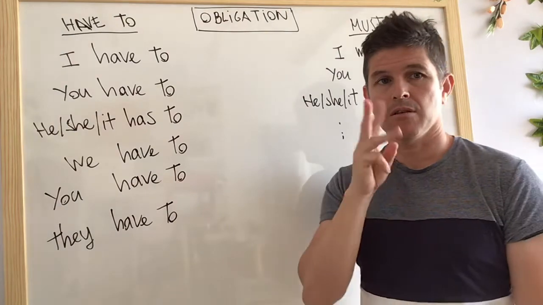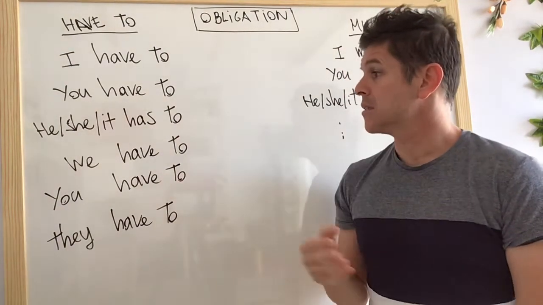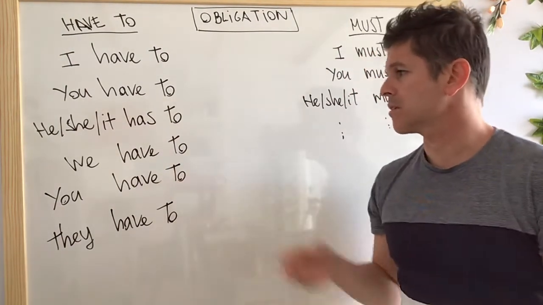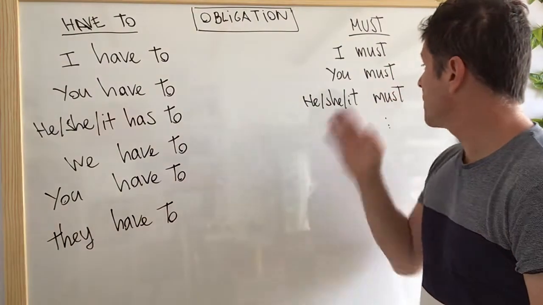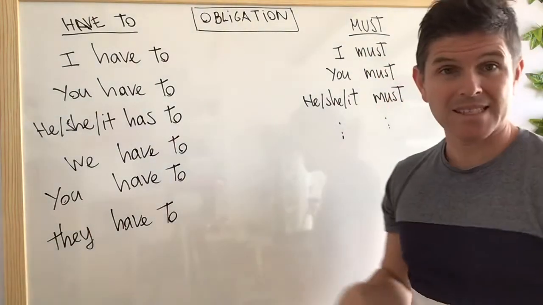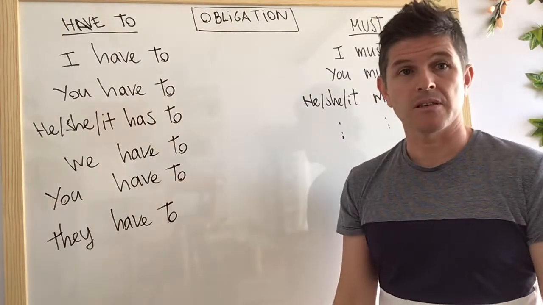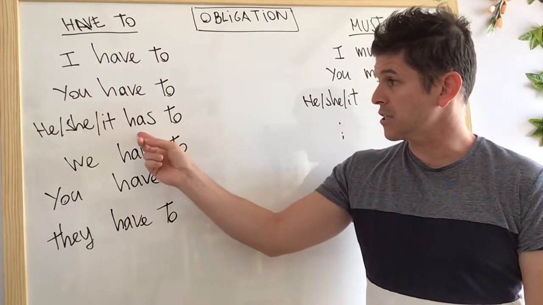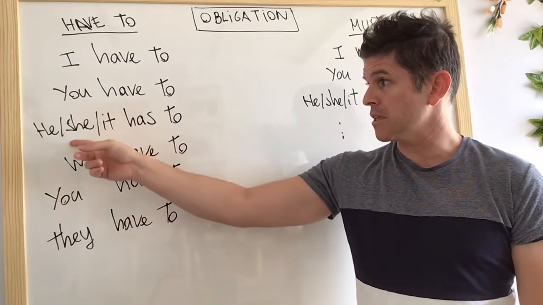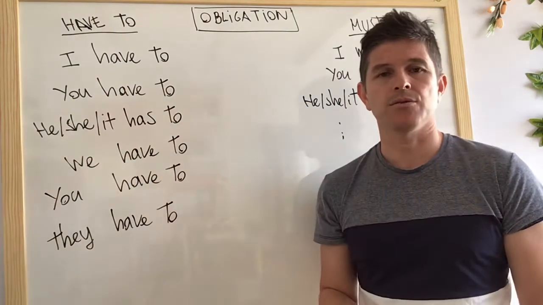It changes in the present. The past will be had to, so it's all the same. Must is always must. I must, you must, he must, she must. Very easy. The only thing that really changes a bit is he, she, it has to.